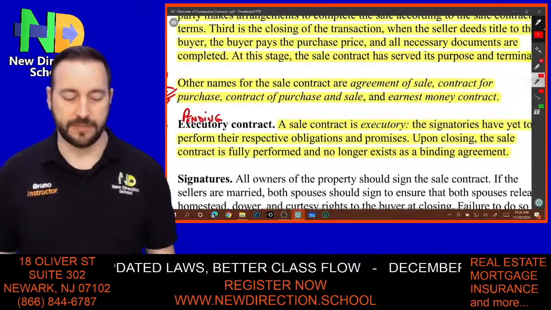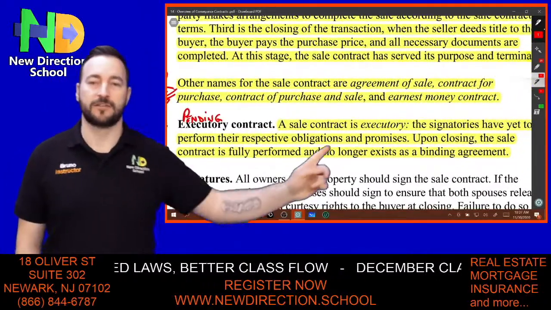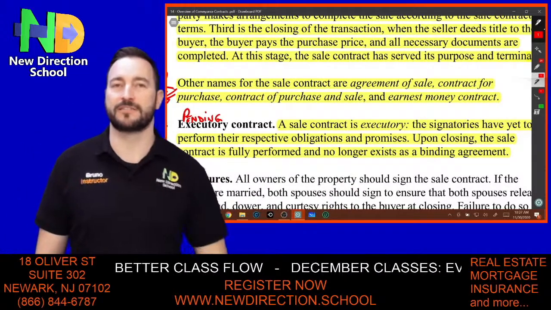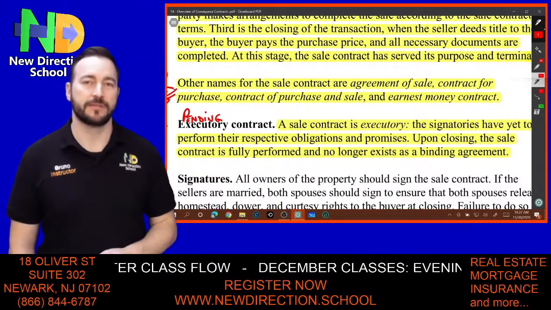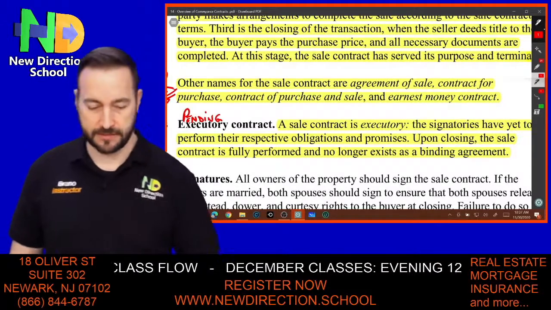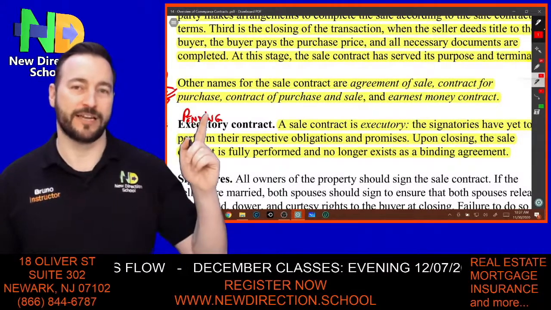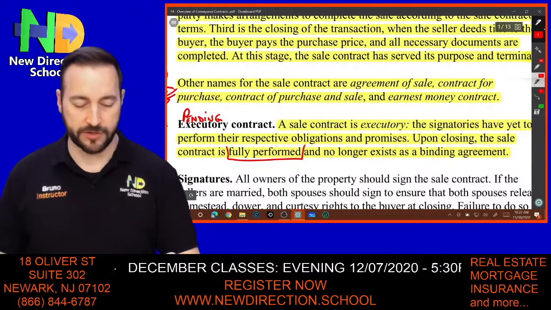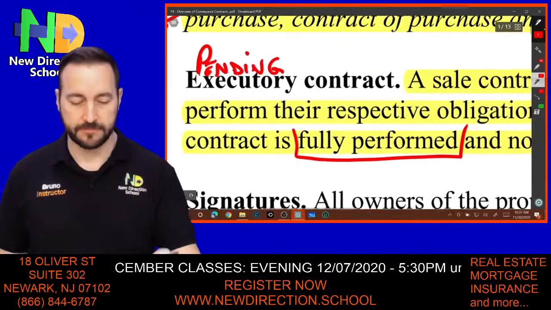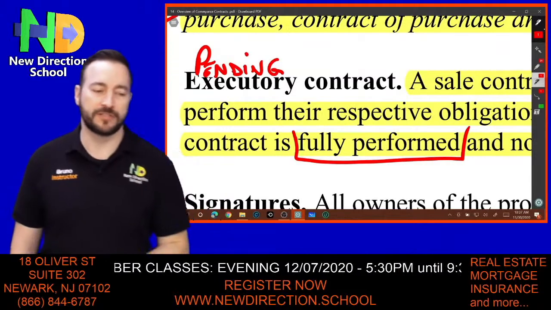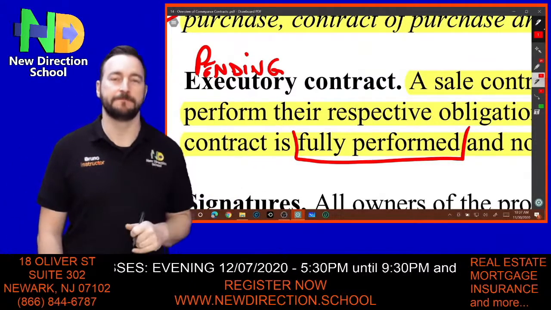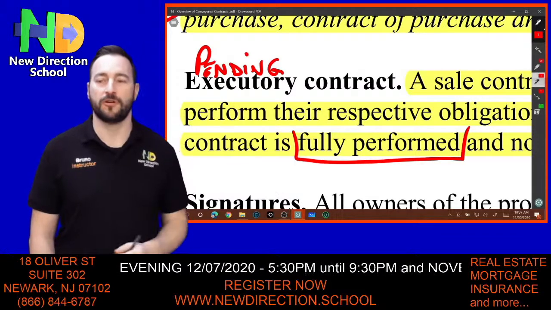At the closing, the sales contract is fully performed and no longer exists as a binding agreement. Now, guys, pending, executory, right? If it's fully performed, what is the term? Who can tell me the term for fully performed? So executory is pending. Fully performed.